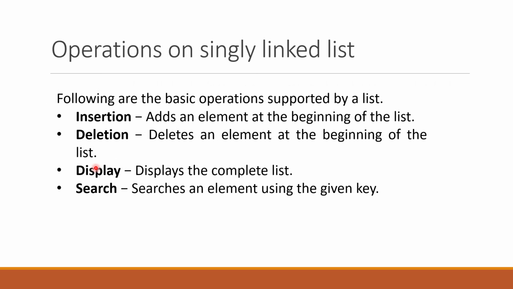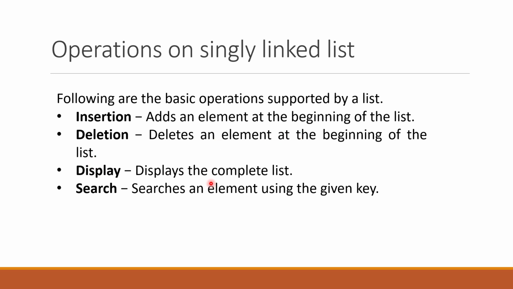Here are some operations that we can perform on a singly linked list. First of all is insertion. That means we can add an element at the beginning of the list, at the end of the list, or at any position. Same as deletion, we can delete an element from the beginning of a list as well as from the end and from a specified position.